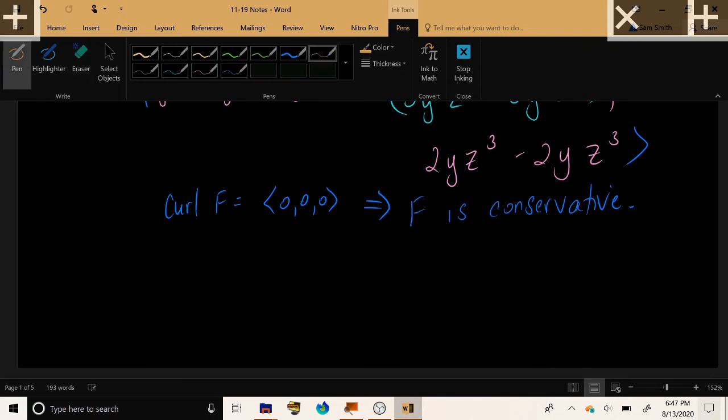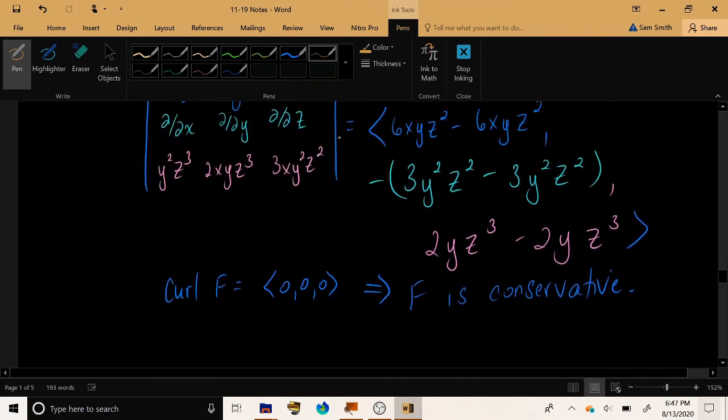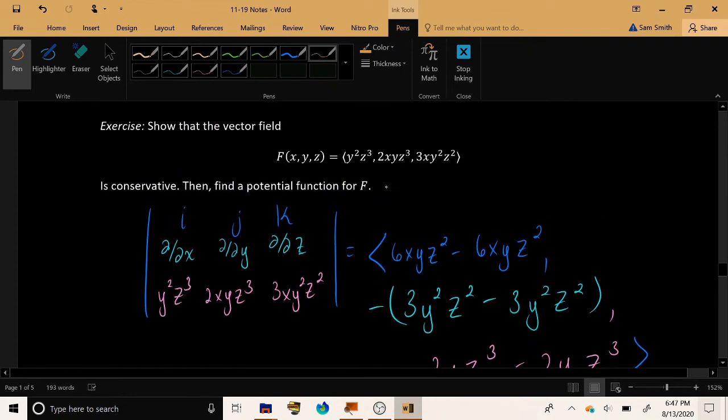Now the technique that we're going to use to find the potential function is exactly the same as the technique that we used to find the potential function when we had 2 variables instead of 3. We are going to try and use a technique of partial integration.